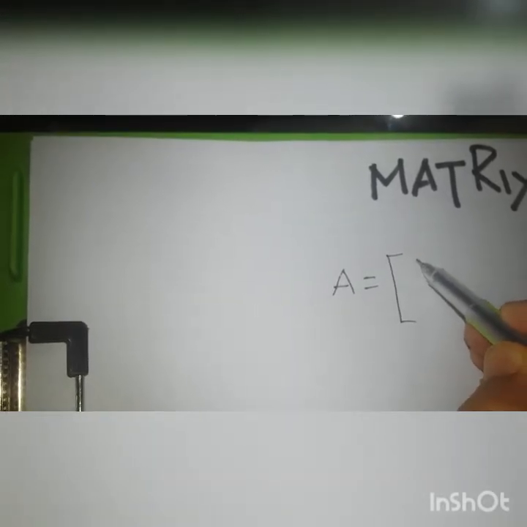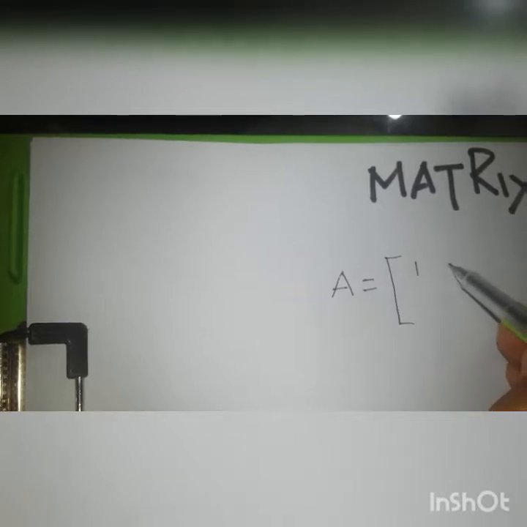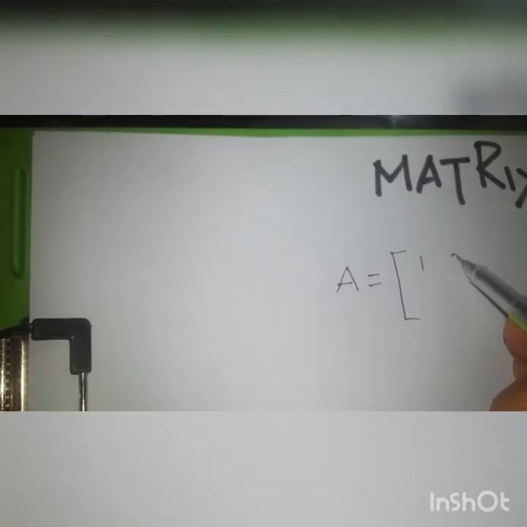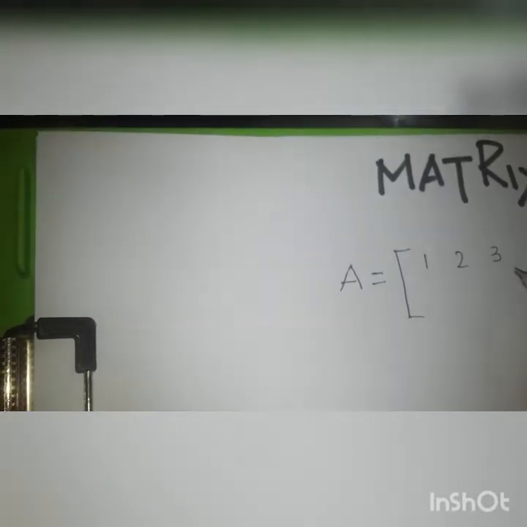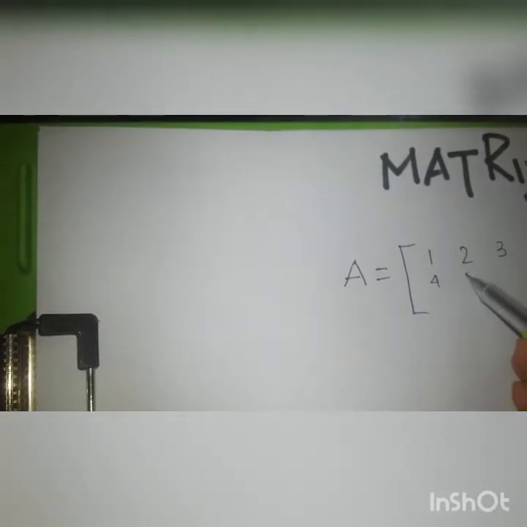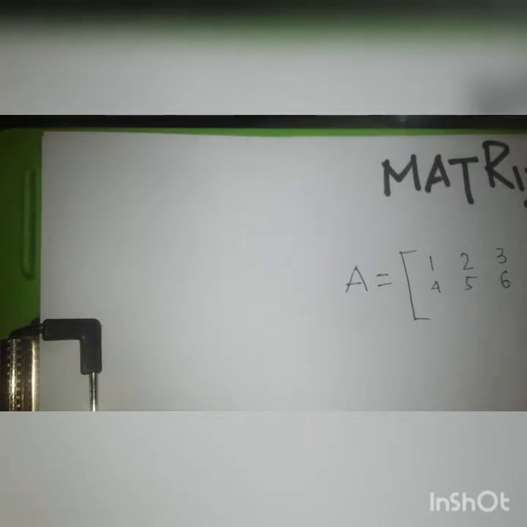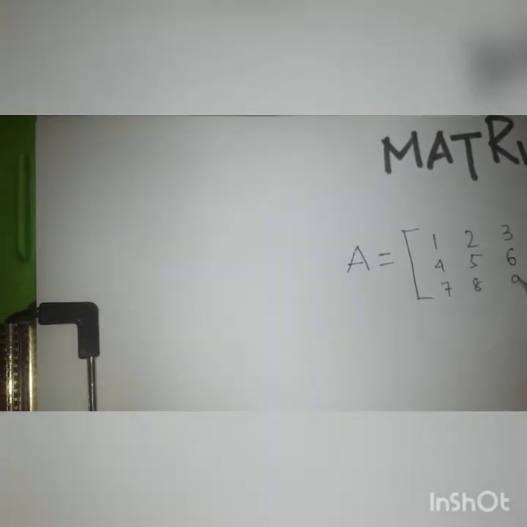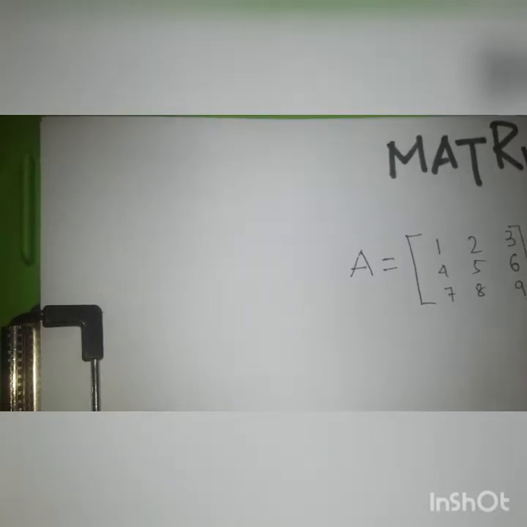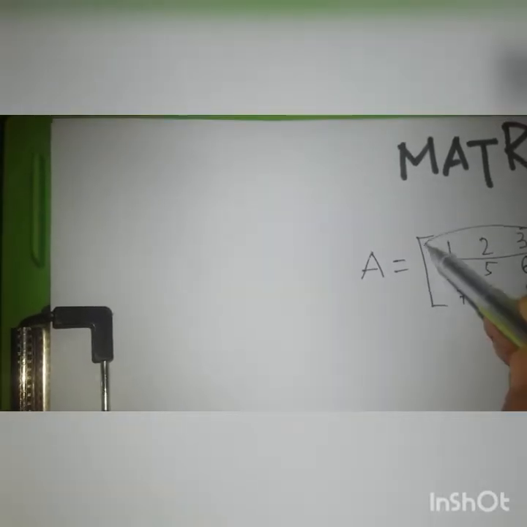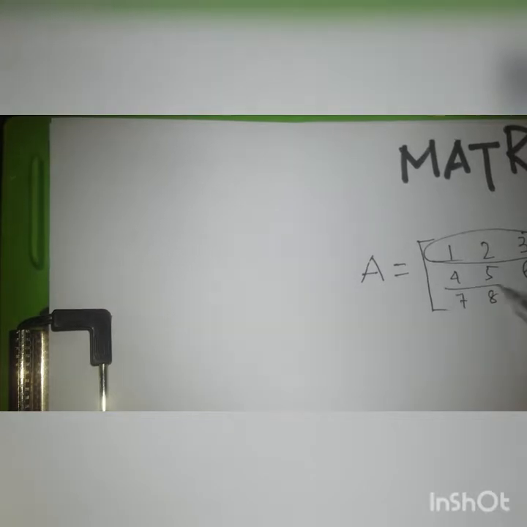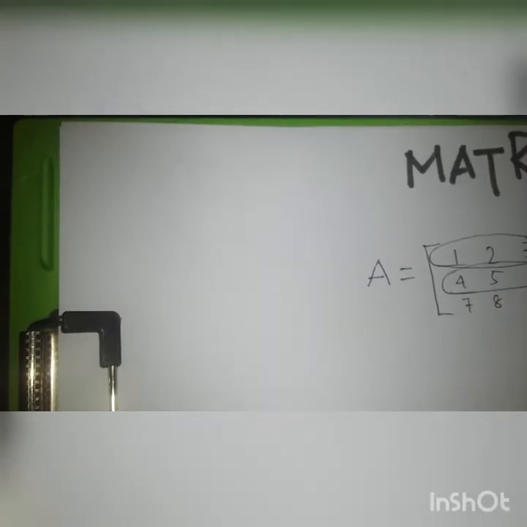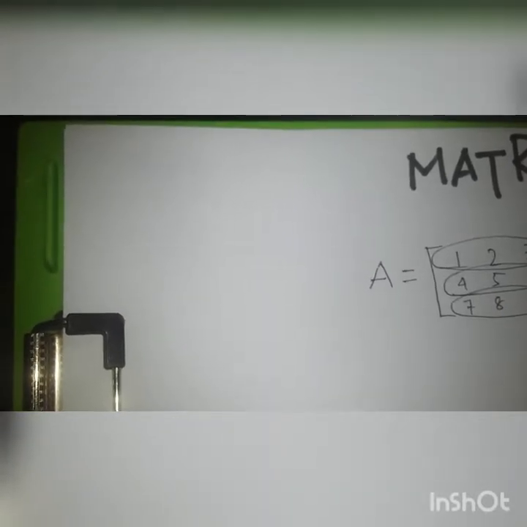Horizontal means parallel to the plane base. Suppose 1 2 3 is parallel to my base, 4 5 6 is also a horizontal line, and 7 8 9 is also a horizontal line. So there are three horizontal lines: 1 2 3, 4 5 6, and 7 8 9.